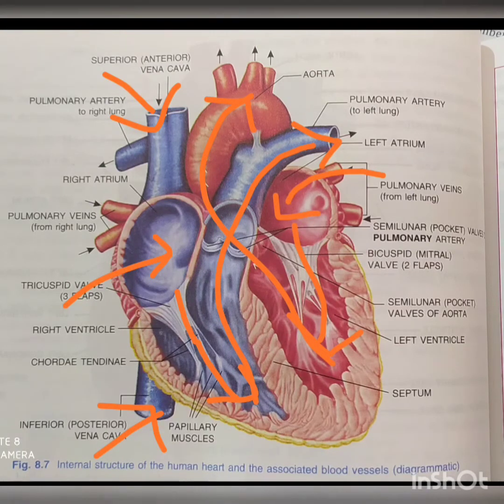When the blood passes through the capillaries, oxygen and nutrients are supplied to the cells, and carbon dioxide and other wastes are collected by the blood. This deoxygenated blood comes back to the right auricle, thus completing one round of the blood circulation.